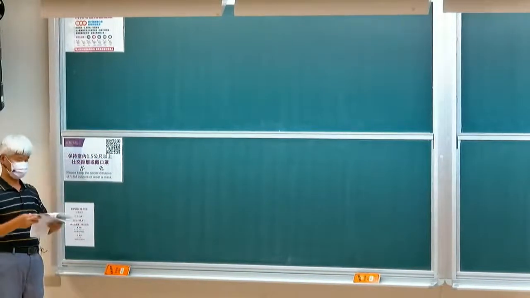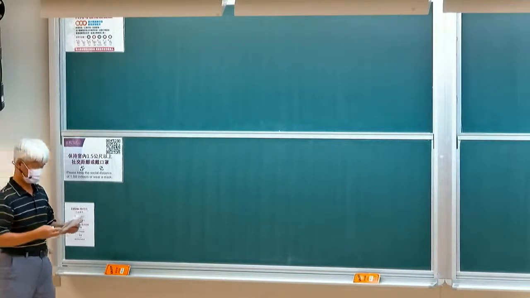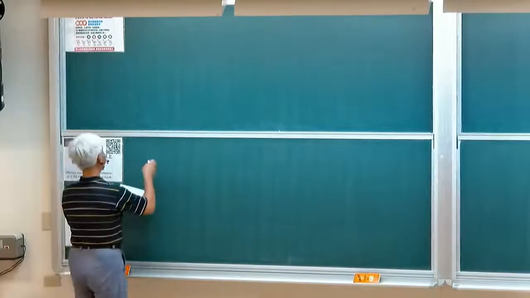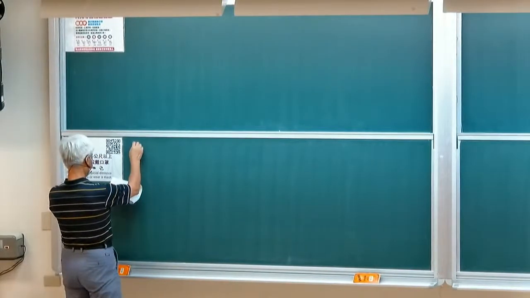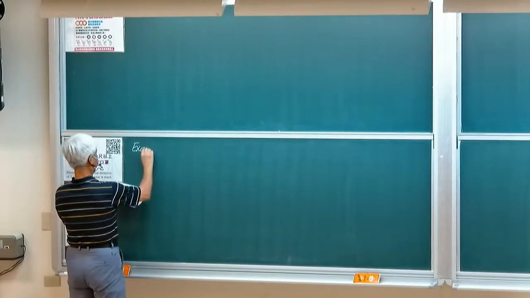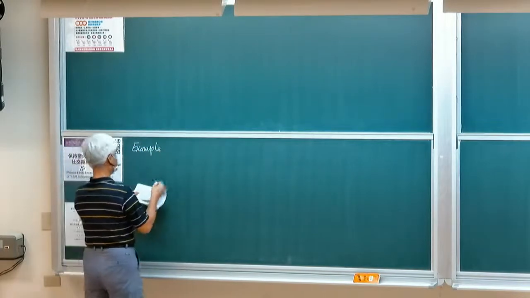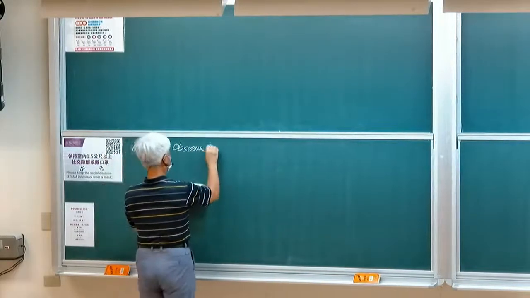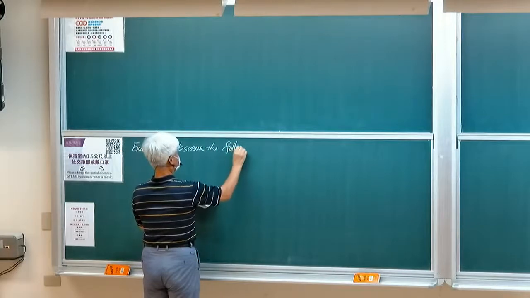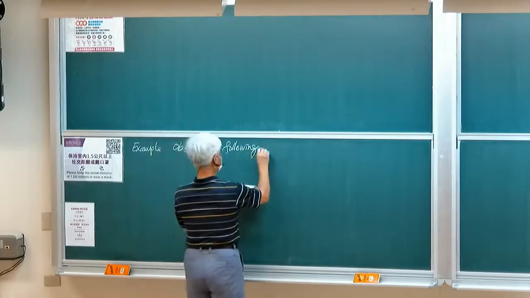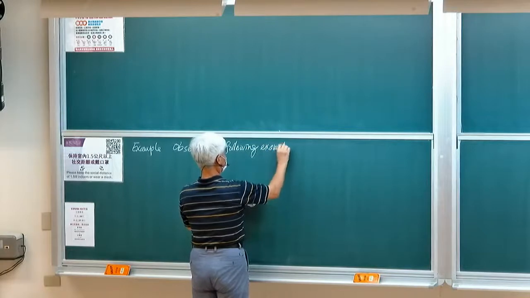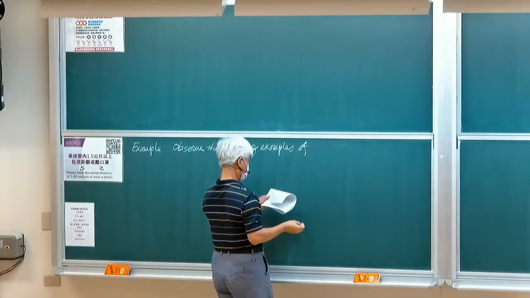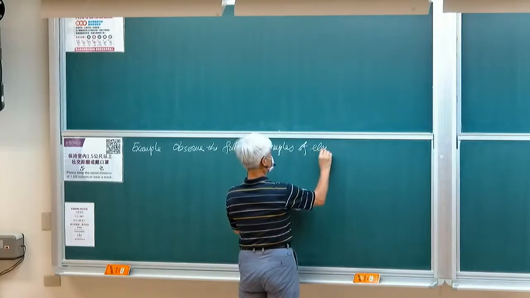So last week we proved the product formula of determinant function. Okay, so now let's look at an example. All right, so observing examples of elementary matrices.